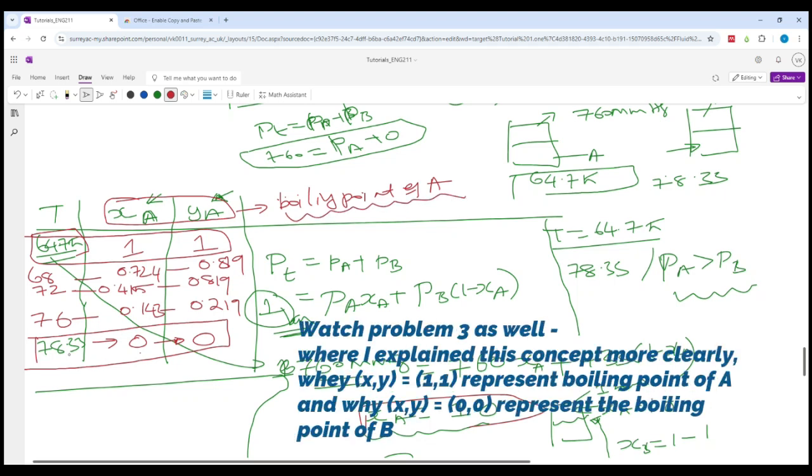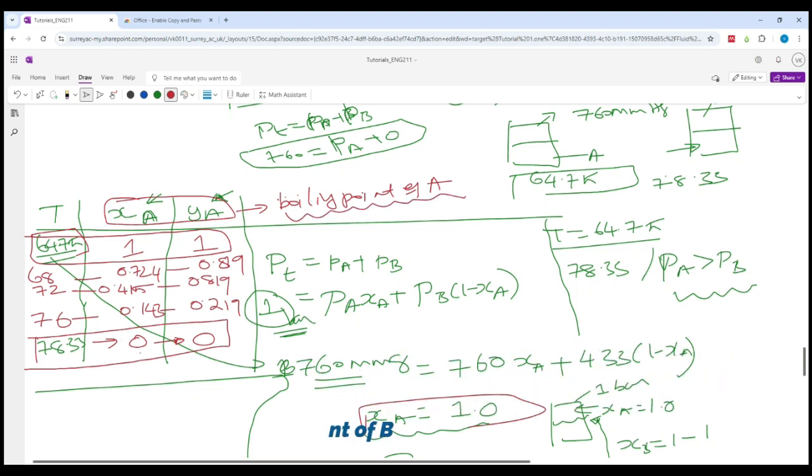And if you come back here at 78.33, what does this mean? XA and YA, the mole fraction of the more volatile component in the liquid phase and in the vapor phase, they both are 0, but still it exerts a pressure of 1 bar.